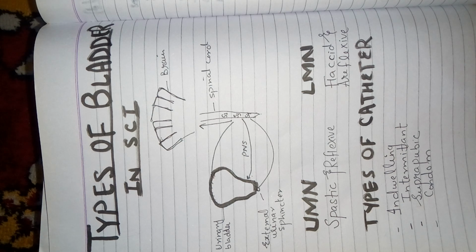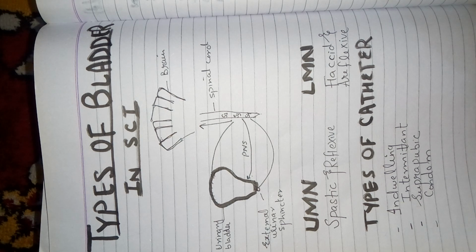So the patient can go and place the catheter and stimulate the bladder by suprapubic tapping of the bladder, or even sometimes if the bladder is flaccid, they can stimulate it by increasing the abdominal pressure.